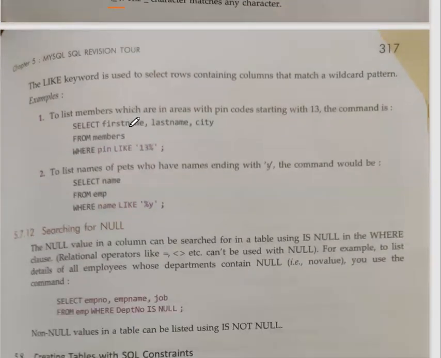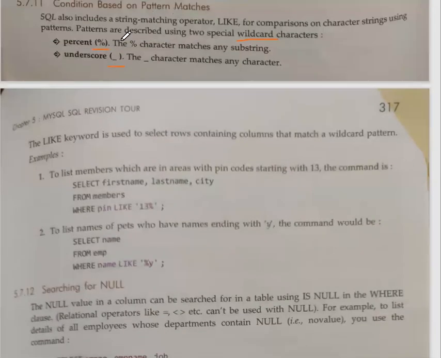For example, for this the keyword will be like. Here we are not going to use is equal to, because we don't want an exact match. We want a pattern based match, so for a pattern based match the like keyword is used. First you write your select command, then from your table name, then in where pin like 13%.